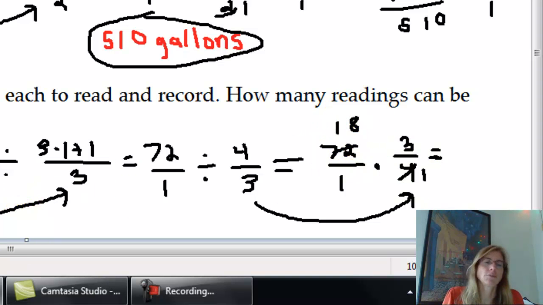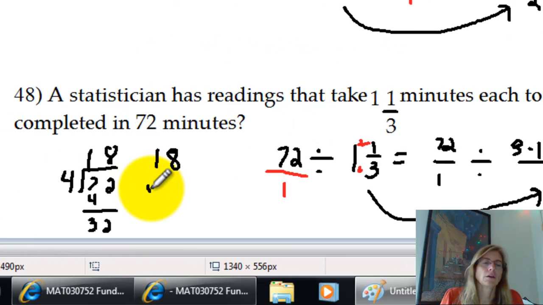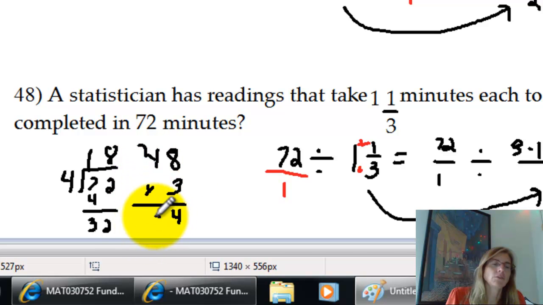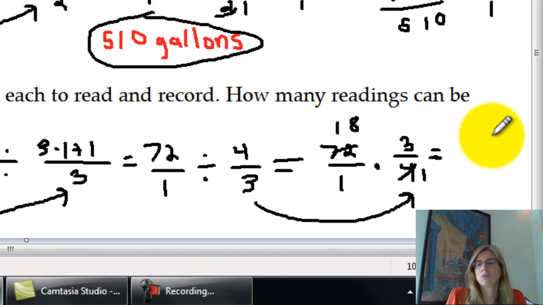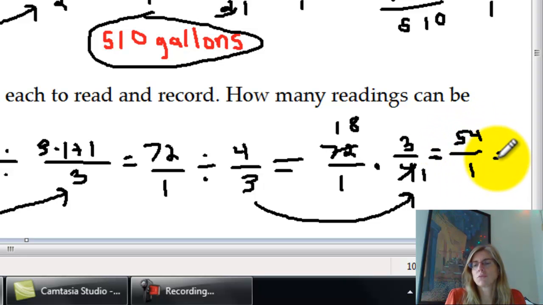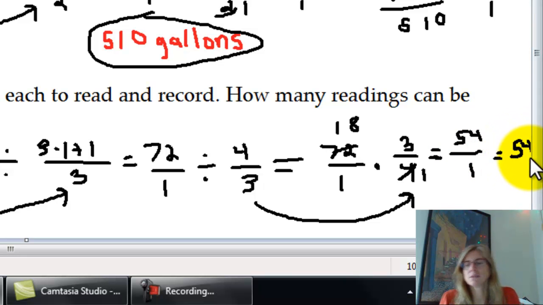And our overall answer then becomes 18 times 3, which is 8 times 3 is 24, carry 2, 3 times 1 is 3, plus 2 is 5, so that is 18 times 3 is 54 over 1 equals the whole number, 54.